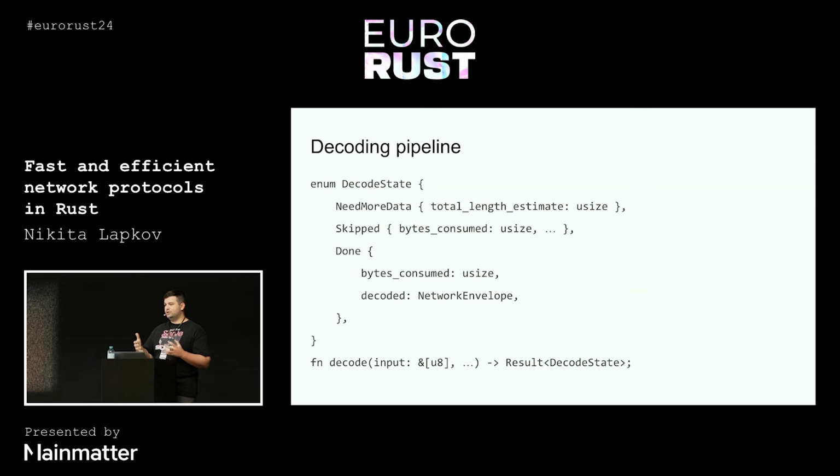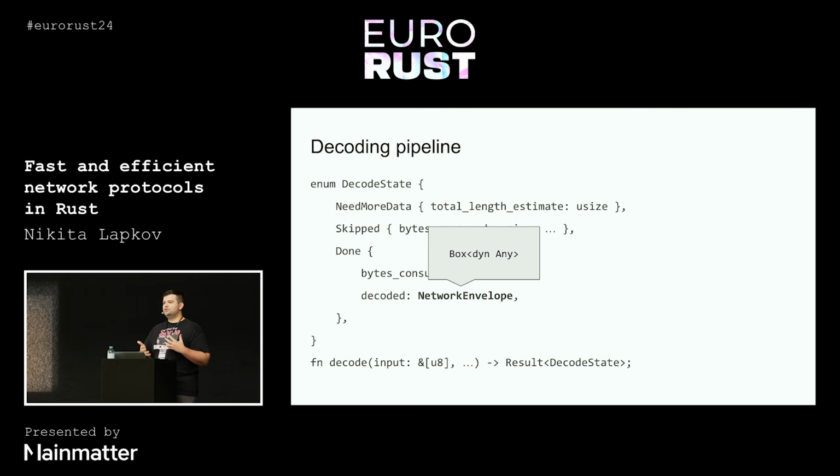We have a decoded message here, but there is a catch. The network envelope is a struct which essentially boils down to a pointer within any. This means that at some point during the decoding process, we were able to take the bytes and transform them into a Rust struct. But all the usual serde mechanisms require you to pass a type.